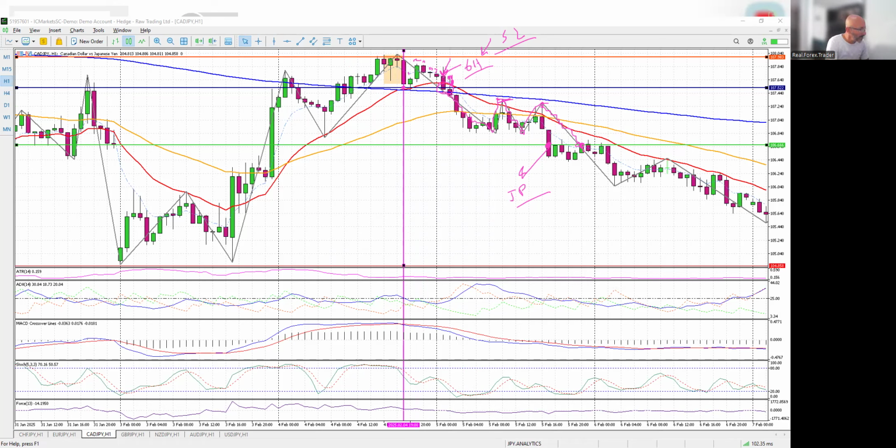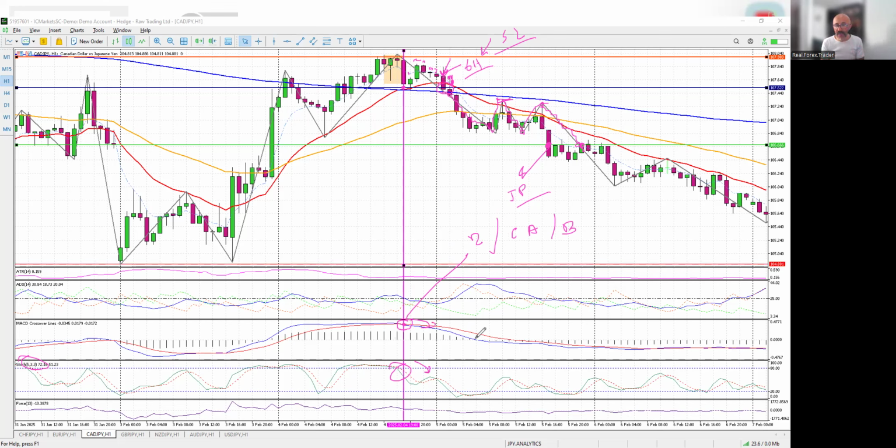Here happens a very interesting situation. The red line crosses above the blue line. This is a powerful indicator that it is turning into a bearish move. I also analyze my stochastics, which shows the red line above the green line and heading downwards.